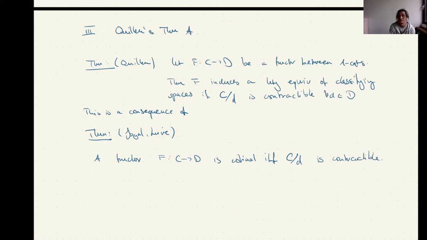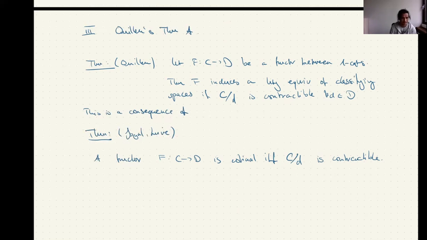So remember, being cofinal just means that it's a weak equivalence in all the slices. So in particular, in the slice over the point, and there we get just the Quillen model structure. And this just means that in this model structure, it becomes a weak equivalence. So it's an equivalence of classifying spaces.